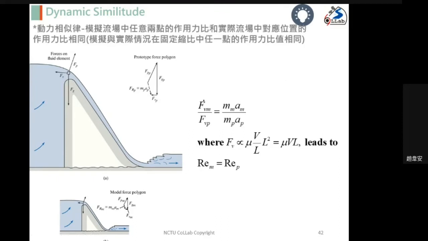So again, because we involve the viscosity effect in our problems, the viscous force is very important.